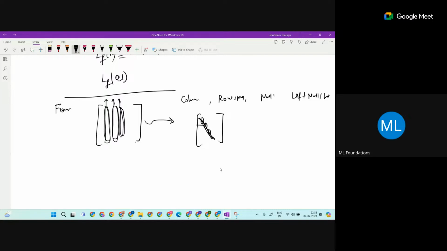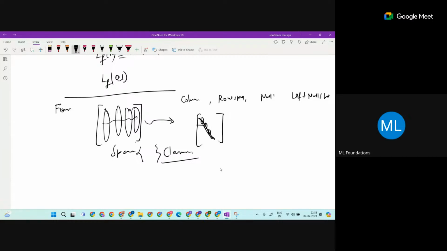Or simply, if you are not doing all this, these are the columns you have. Find the span of these columns, all the columns you have, four or five columns. The span of that is your column space. And the span of the rows is your row space. Otherwise, change to reduced row echelon form and take the non-zero rows, where the pivots come. Those rows are the basis of the row space. Or simply find the span of the transpose.